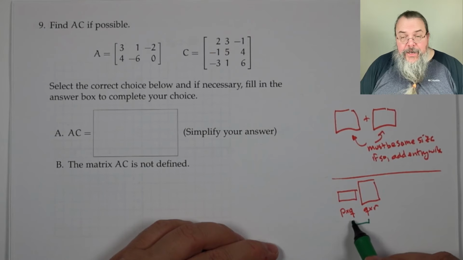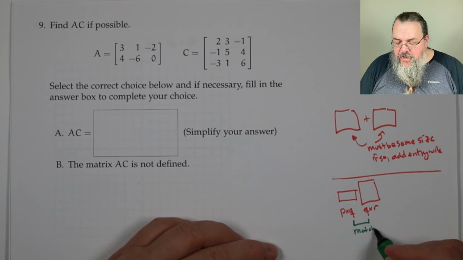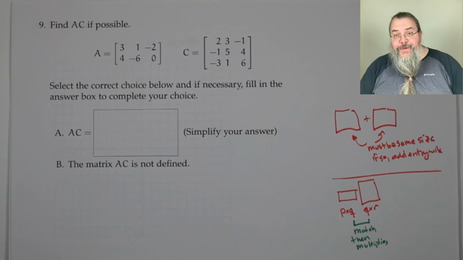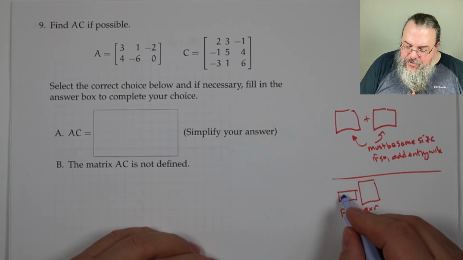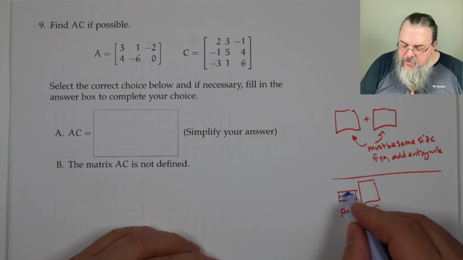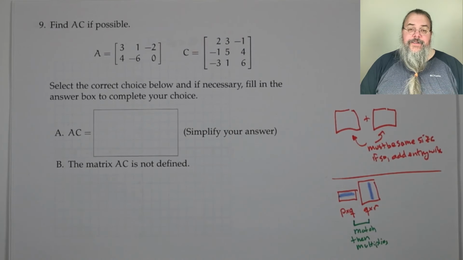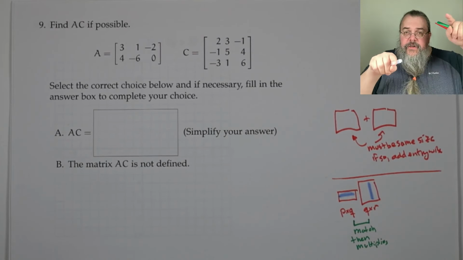So if these match, then we can multiply. But how do we actually do it? Well, this is where it gets a little bit interesting. The idea is we're going to go along a row in the first, down a column in the second.